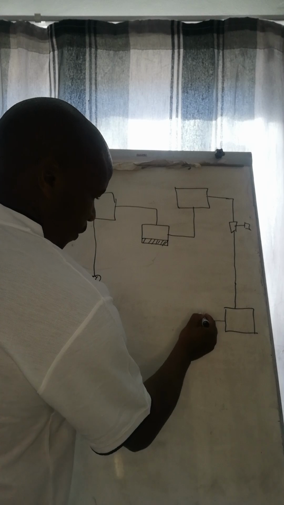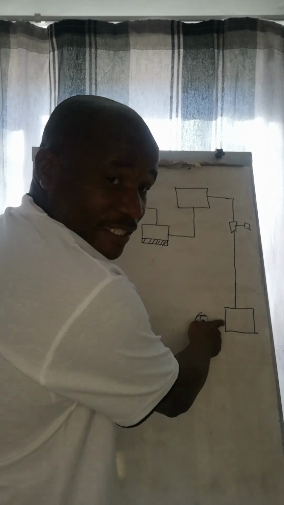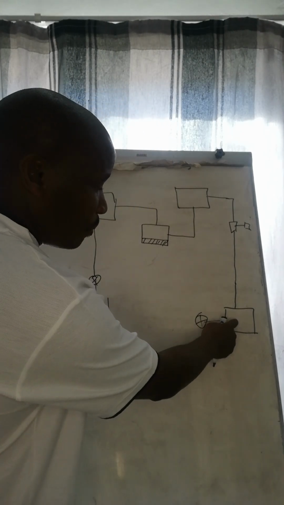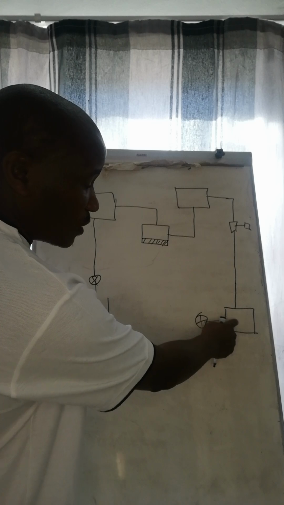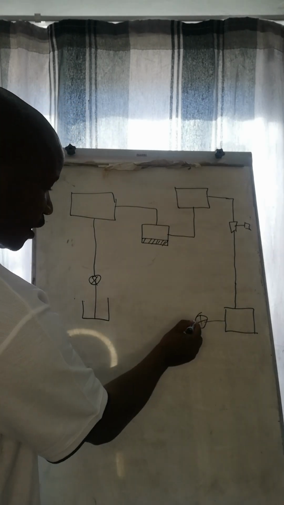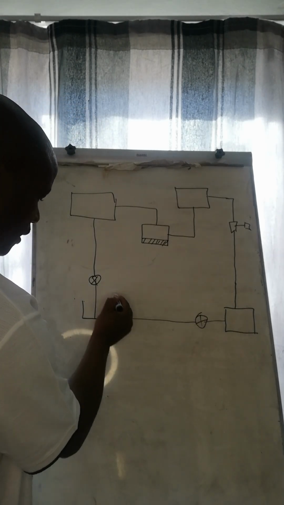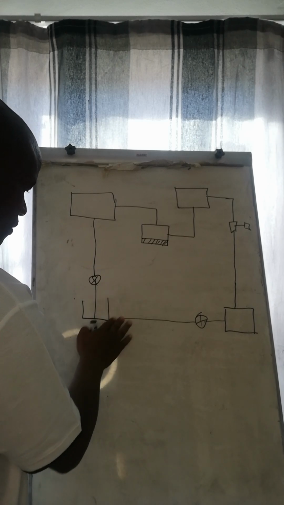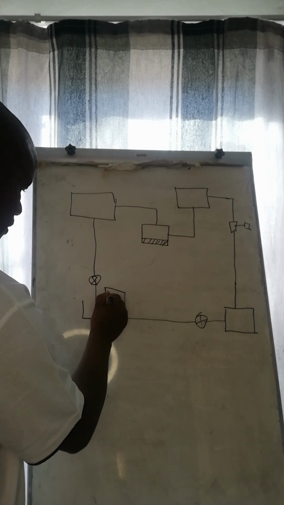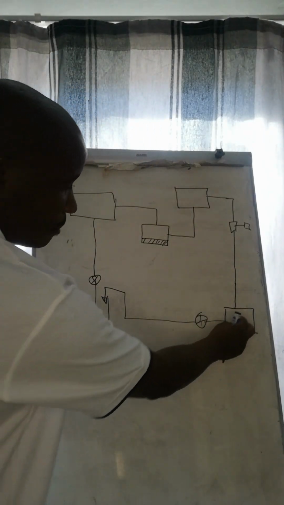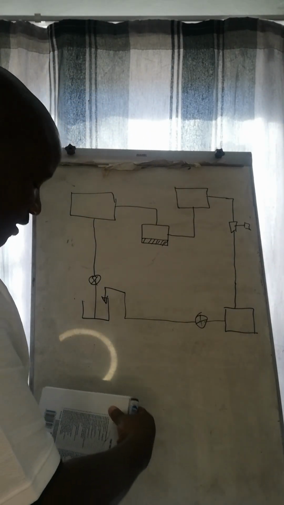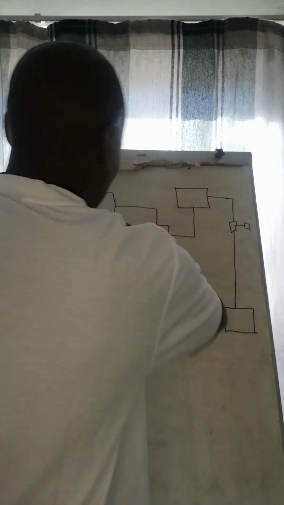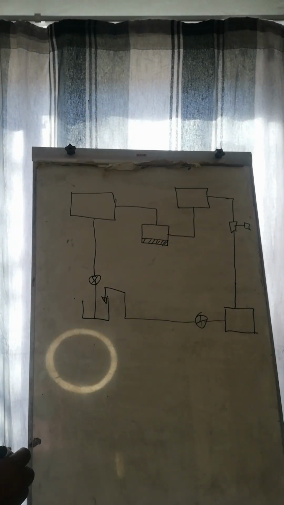And then you're going to need an extraction pump to pump that water from the condenser back into the hot well. This is an extraction pump.